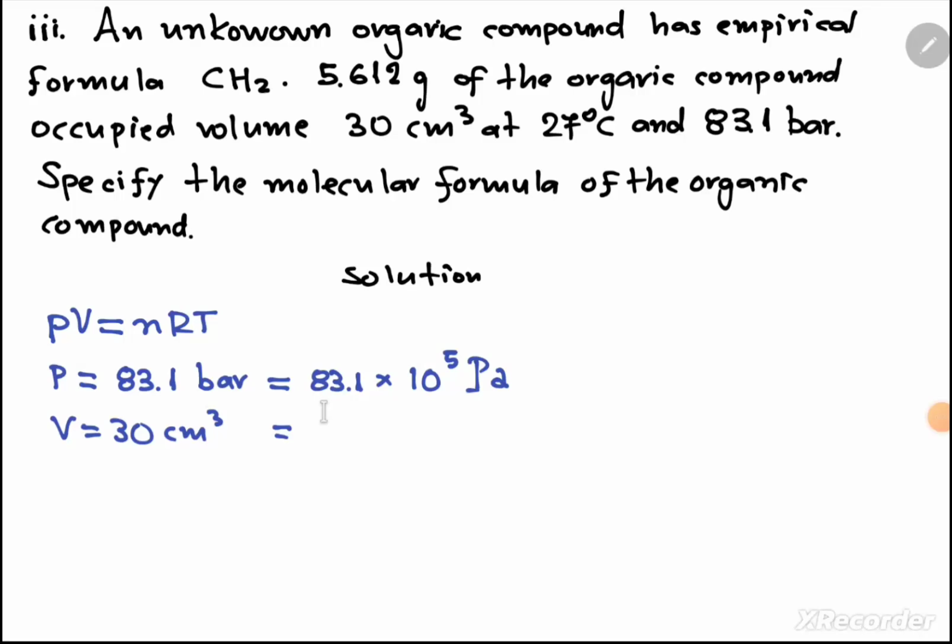So we have 30 times 10 to the minus 6 meter cubed. Now we have the number of moles, which is equal to the mass of compound divided by the molar mass. We don't know the molar mass; we're asking for the molar mass.